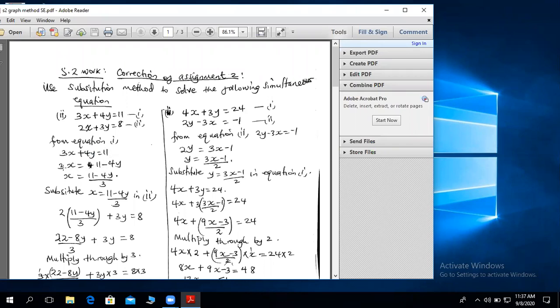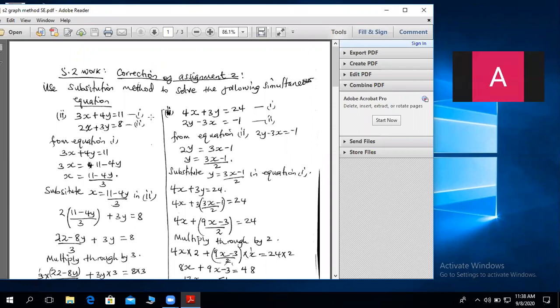If I want to make x the subject, then I divide by 3. And that's what I am doing. The whole equation is being divided by 3 here, as you can see. So x is equal to 11 minus 4y out of 3.